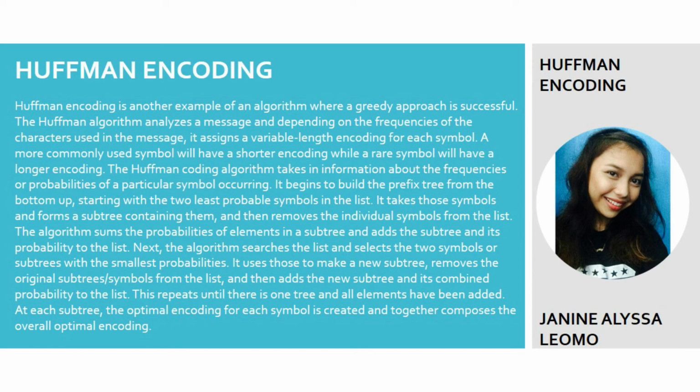Next, the algorithm searches the list and selects the two symbols or subtrees with the smallest probabilities. It uses those to make a new subtree, removes the original subtrees or symbols from the list, and then adds the new subtree with its combined probability to the list. This repeats until there is one tree and all elements have been added. At each subtree, the optimal encoding for each symbol is created and together composes the overall optimal encoding.